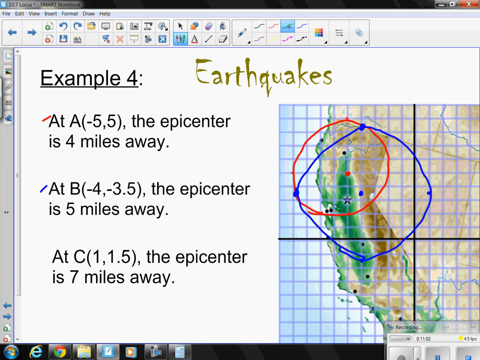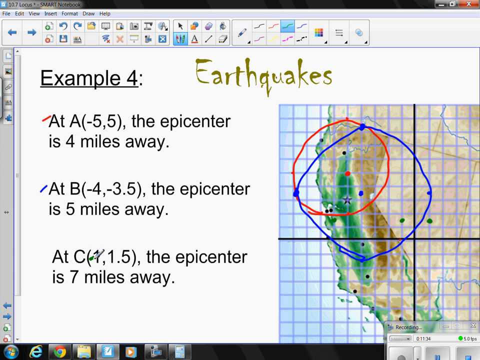So now with a third station at 1.5, actually 1.5 is over here, and I hope I did this right, 7 miles away, 1, 2, 3, 4, 5, 6, 7. I think it might have been supposed to be back here. I think it was supposed to be here.